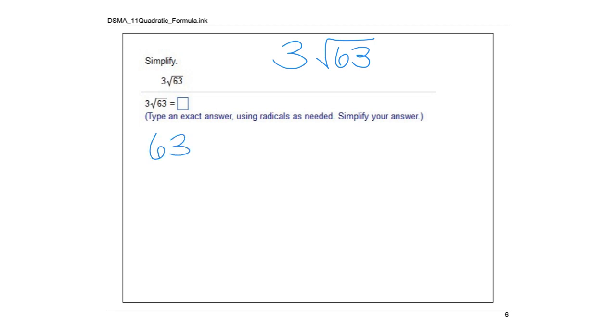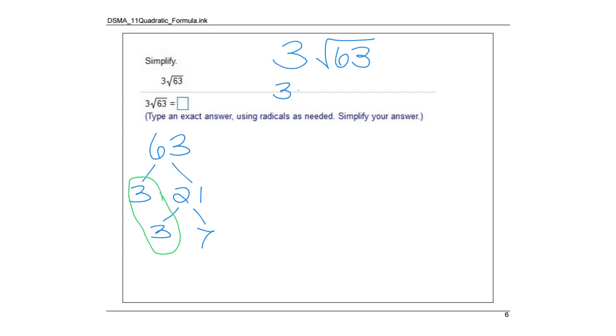So let's see. 63 is not divisible by 2. It is divisible by 3, and that would give me 21. And then 21 is also divisible by 3, and that would give me 7. So 63 is 3 times 3 times 7. Since I want pairs, I can bring a 3 out from under the radical, but I already have a 3 here.